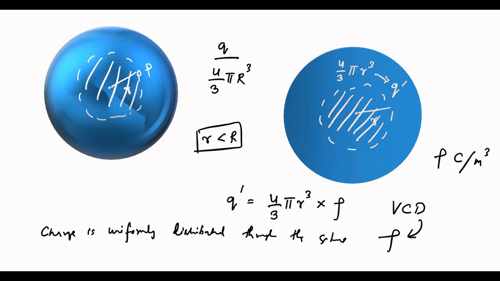In this case, this is the Gaussian surface, and it has a radius lesser than the radius of the entire sphere. So this is the whole situation which I have explained from a three-dimensional point of view.